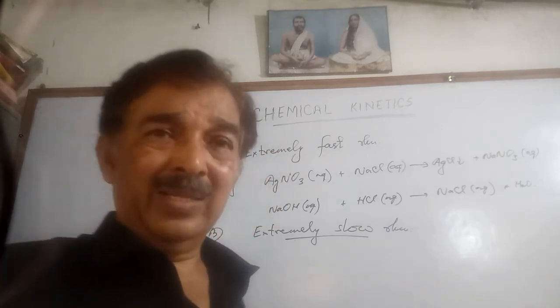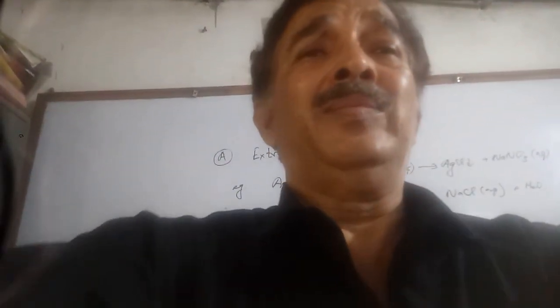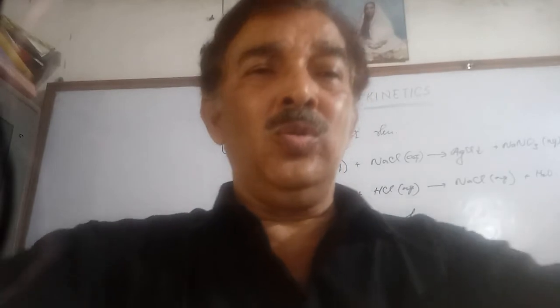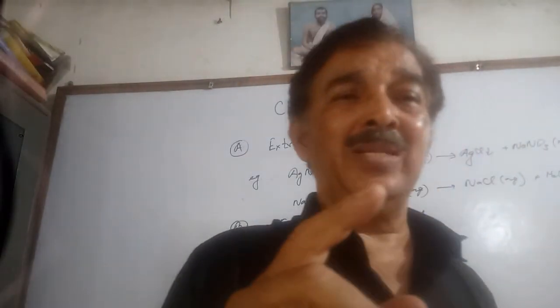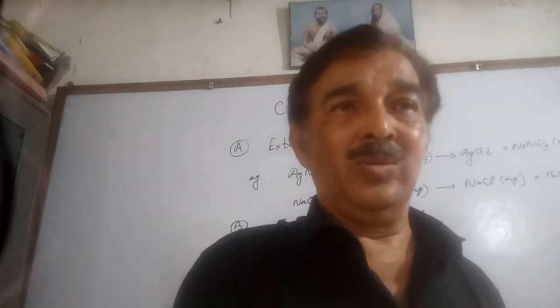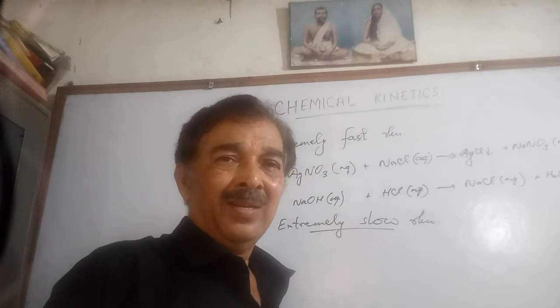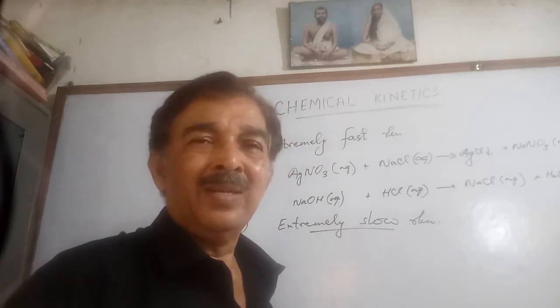This particular reaction, rusting of iron in moist air, is a very slow reaction, and it takes even a year or more to complete. So, rusting of iron in moist air is a very slow reaction.